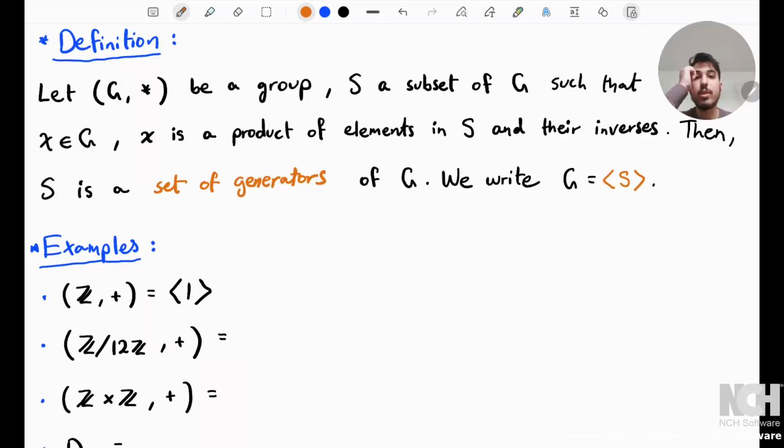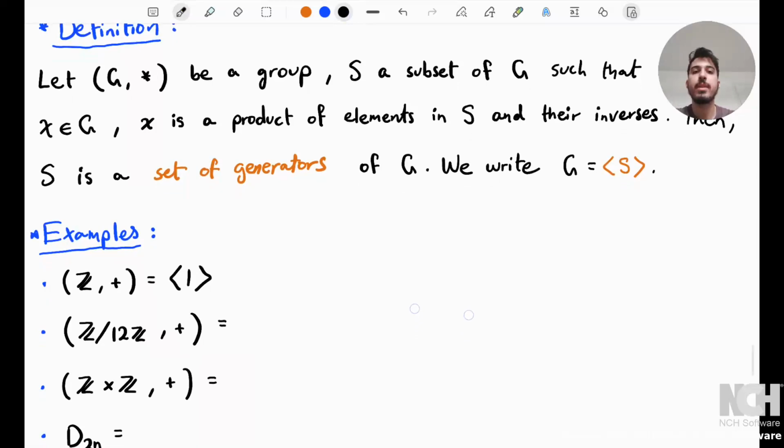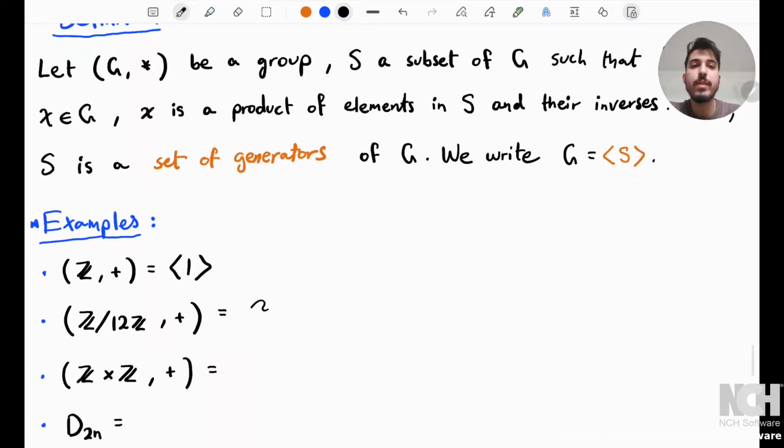What about Z mod 12Z with the addition? What is that generated by? We can argue that it's also generated by 1. However, that is not the only option as opposed to Z plus. We can also argue it is generated by 5. Because, as you know, 1 and 5 are co-prime to 12.